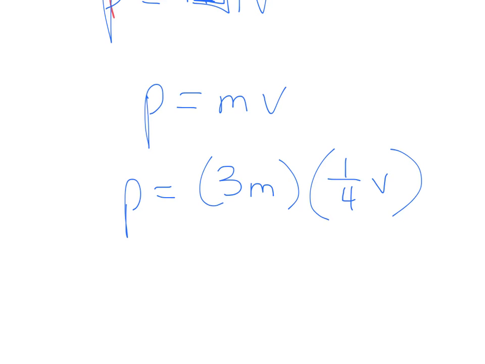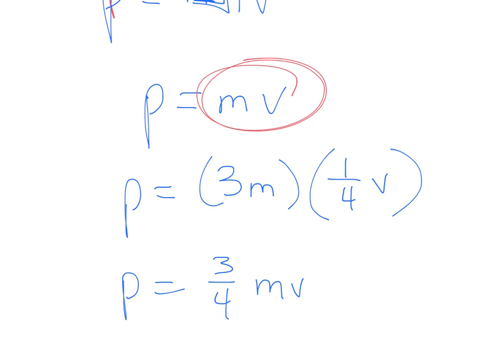So what would you say then? This is where it gets difficult. 3/4, 0.75. Yeah, you could say it's 3/4 of the original momentum, mv. Remember, this is the original momentum, right here.